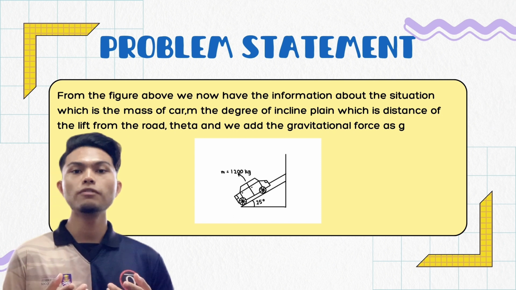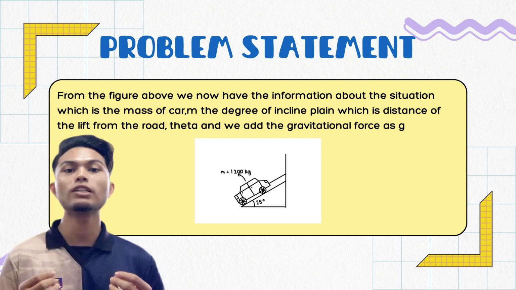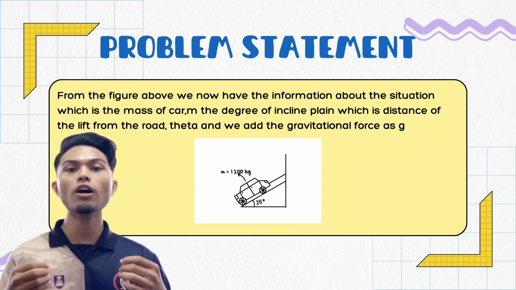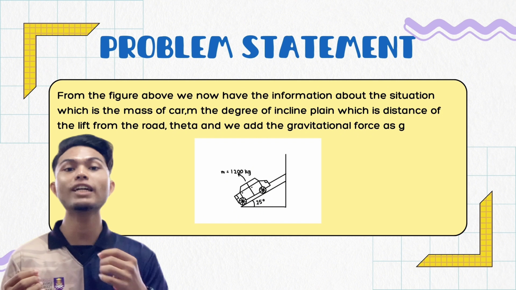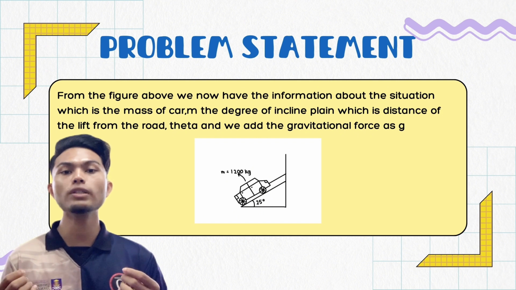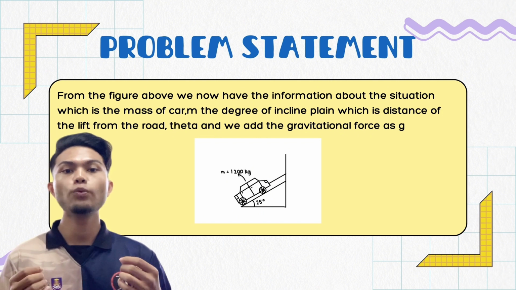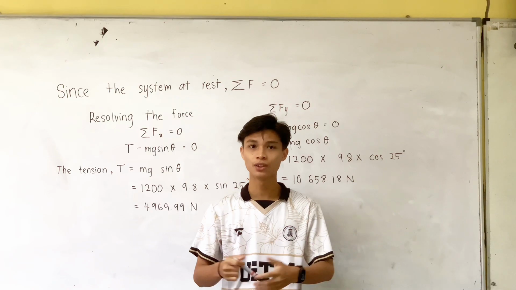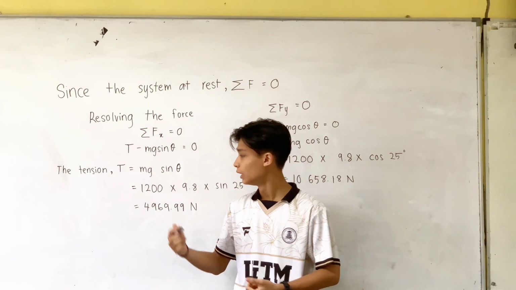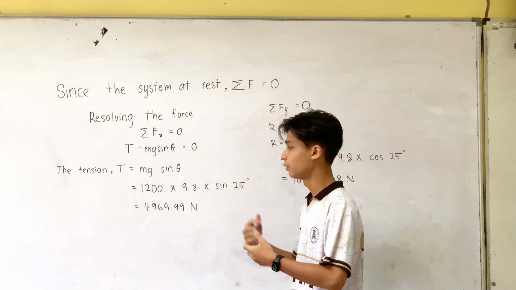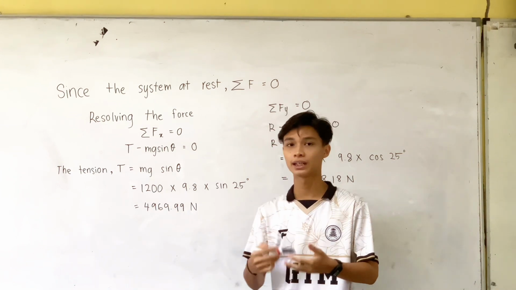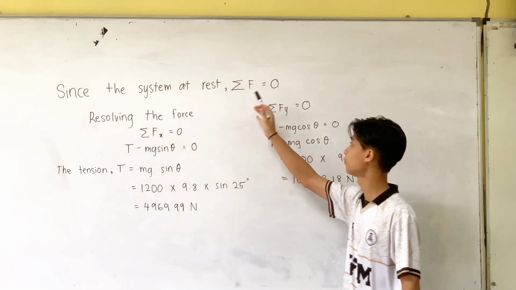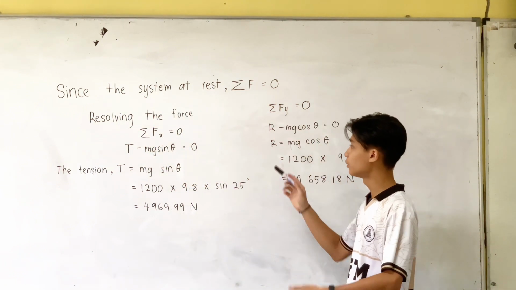From the figure above, we now have the information about the situation, which is the mass of the car m, the angle of the inclined plane theta, and we add the gravitational force as g. So, we want to find the value of the tension in the rope and the force the plane exerts on the car.